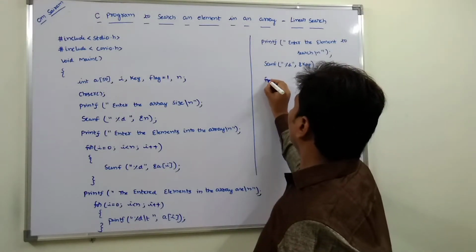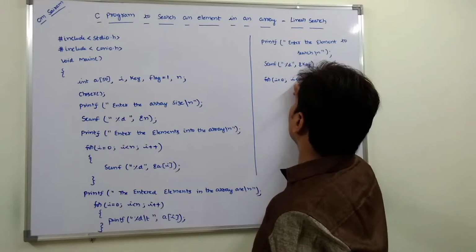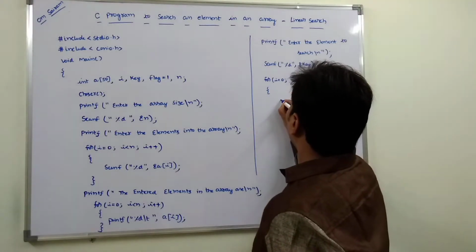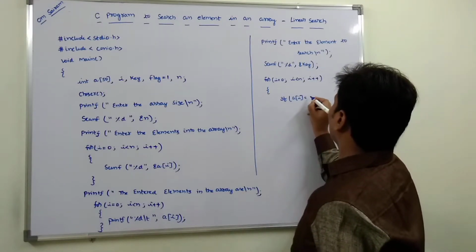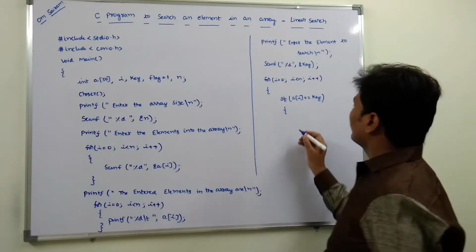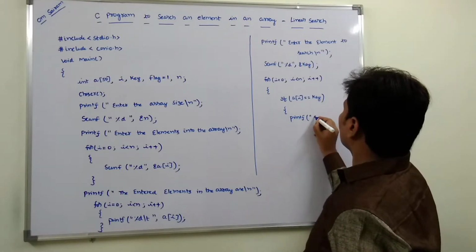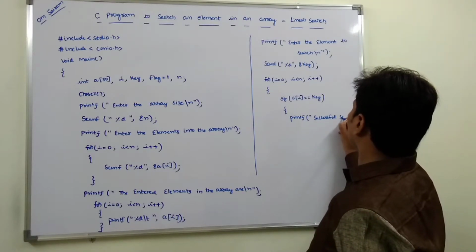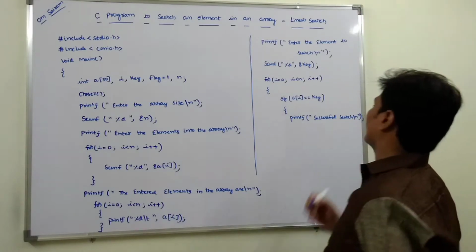Okay. For I is equal to 0, I less than n, I plus plus, if a of I equal to key, then printf, "Successful search\n", parenthesis close, semicolon.